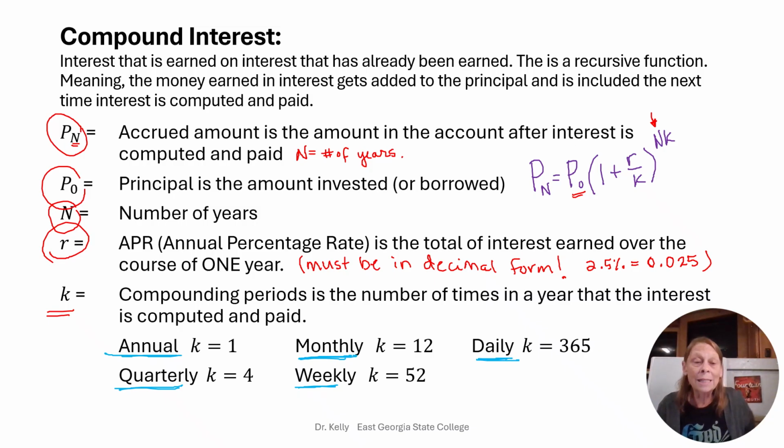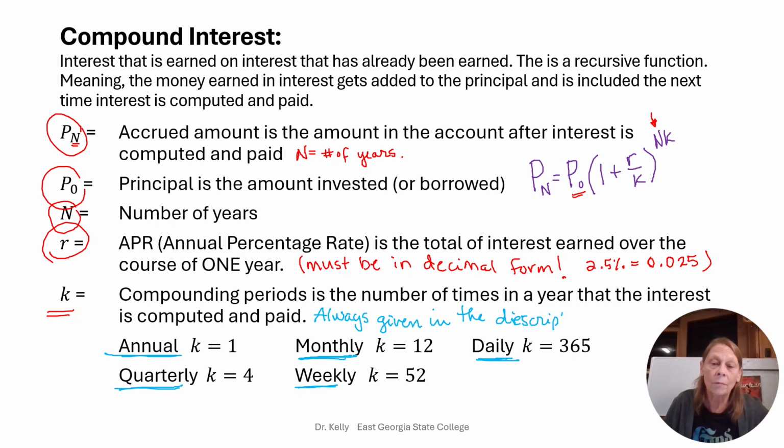Now this is never going to be given to you as a number. It will always be given in the description words, meaning weekly, monthly, and such.